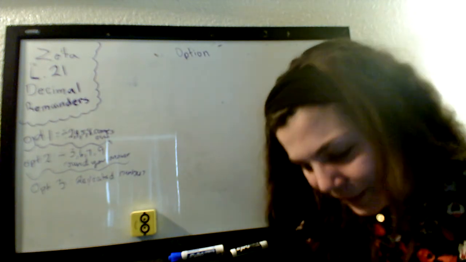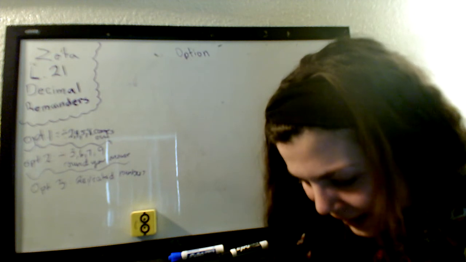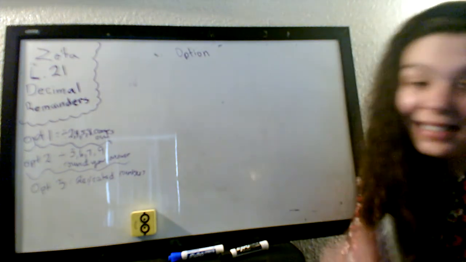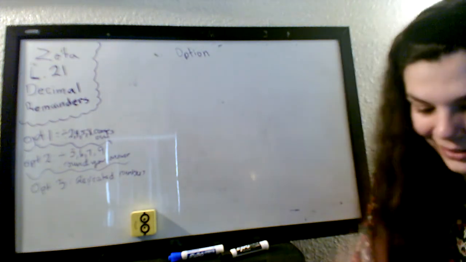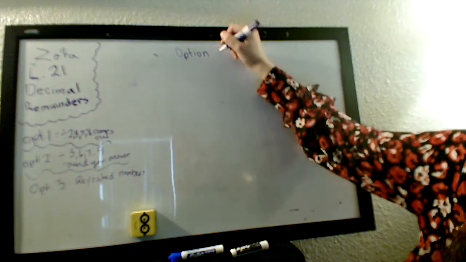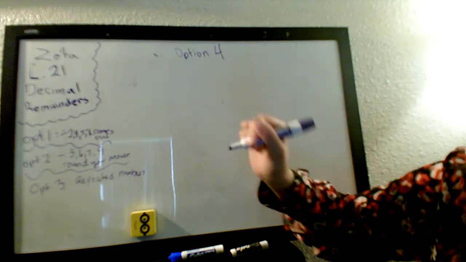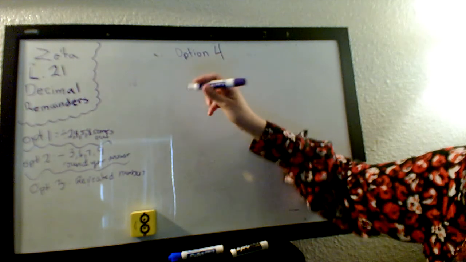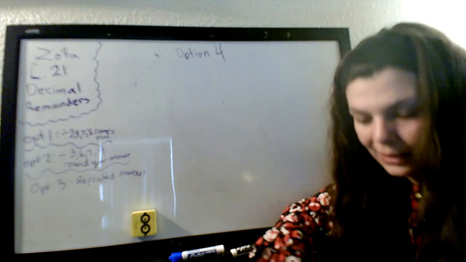Alright, so what they're telling you is, I just have to write it out for you or else we're going to have some trouble. So this is option 4. First I have to premise this.